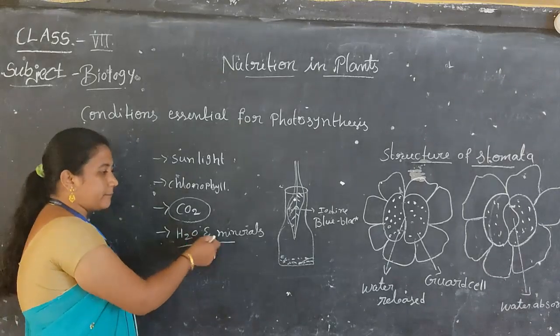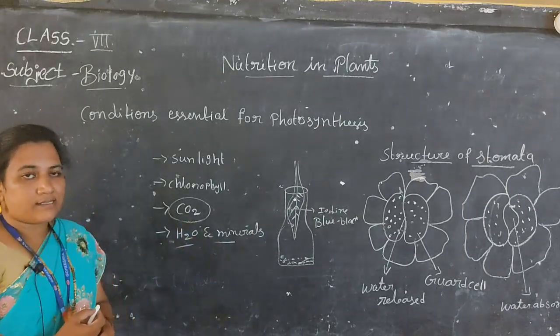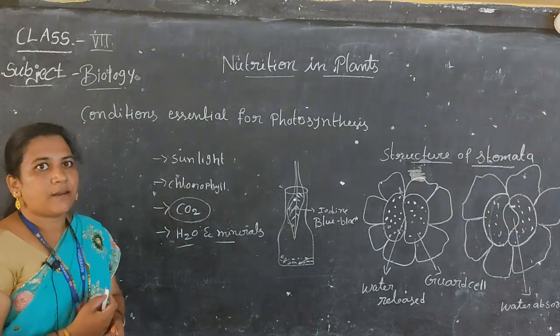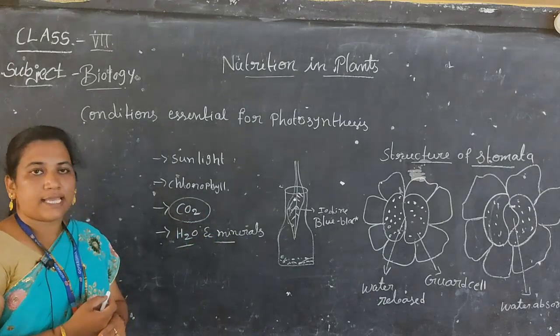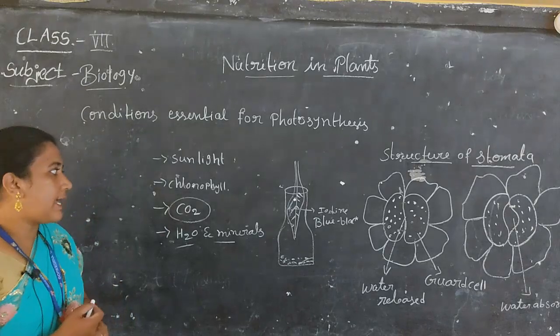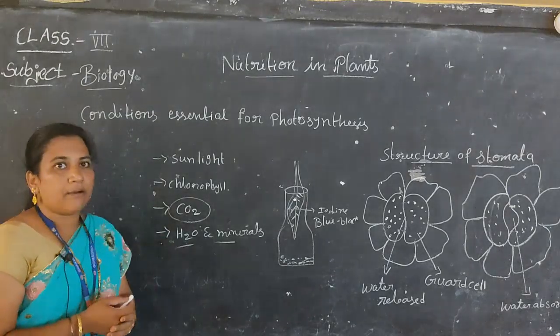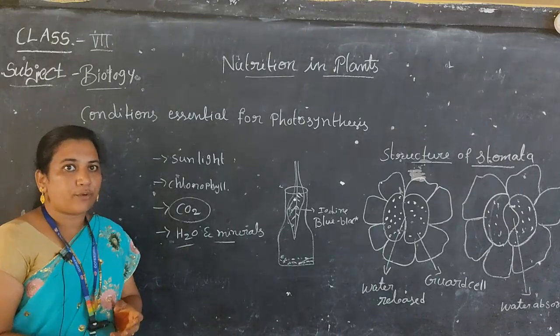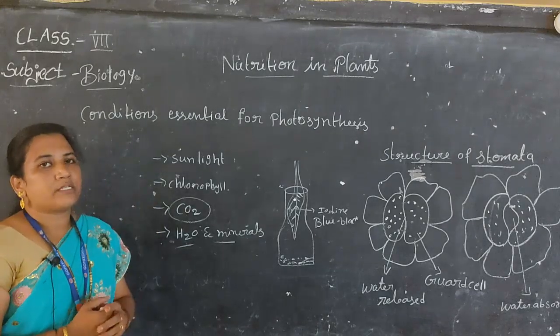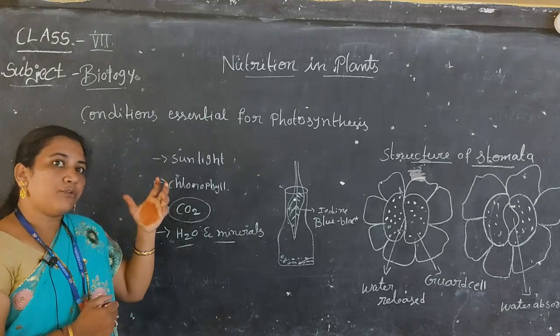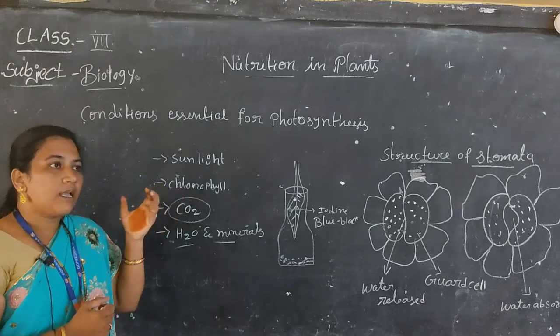Small vessels, xylem and phloem, structures like these are present in plants. This xylem and phloem are helpful for the plant to transport water and minerals from the roots to the different parts of the plant, and also food materials.